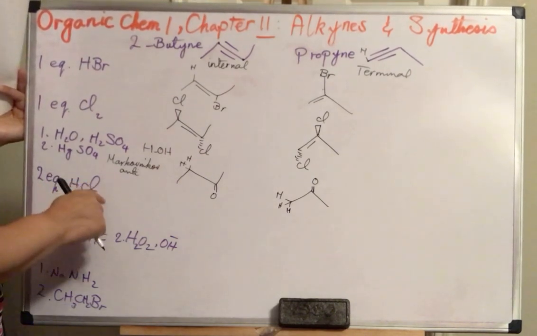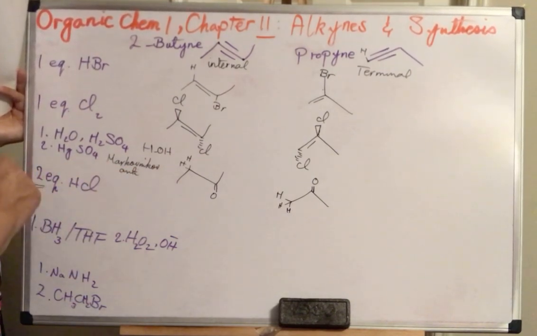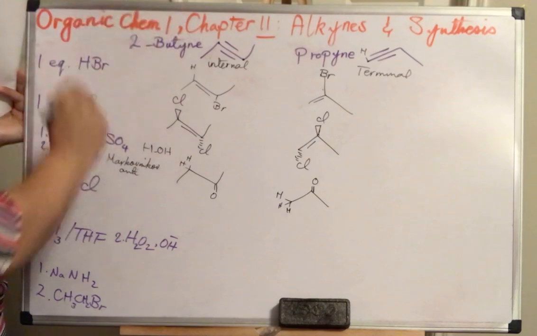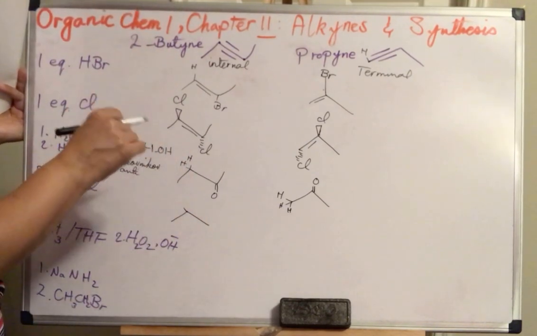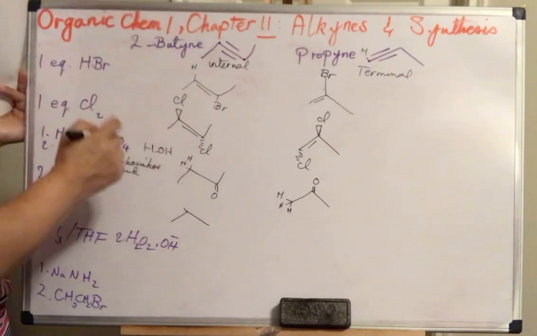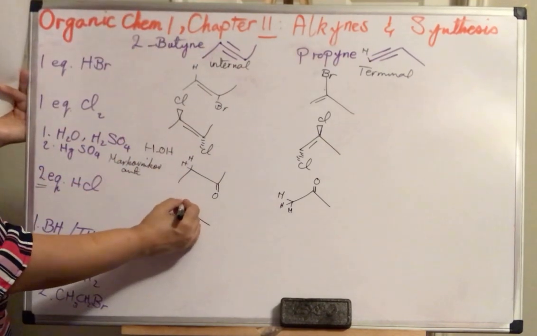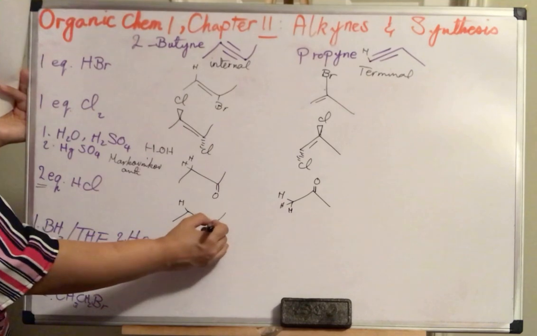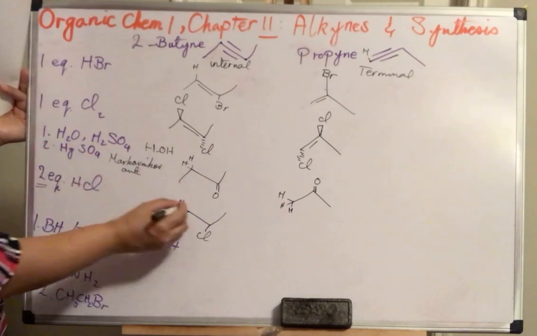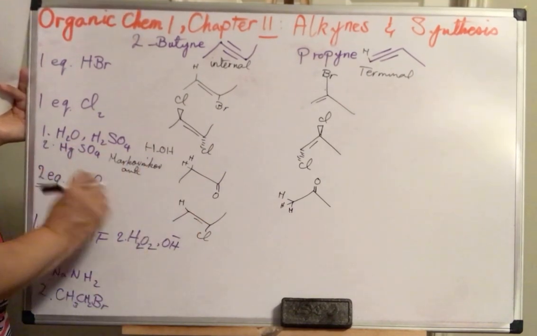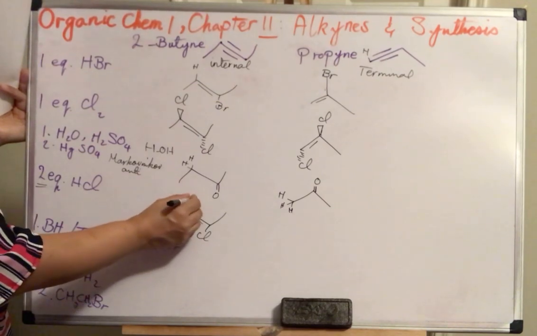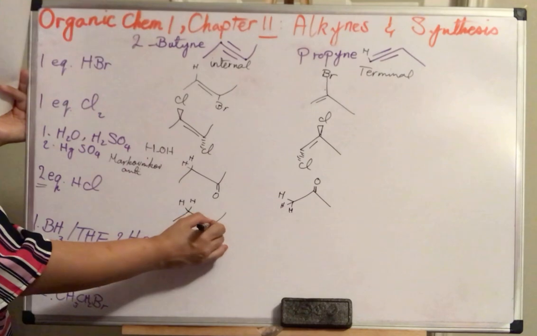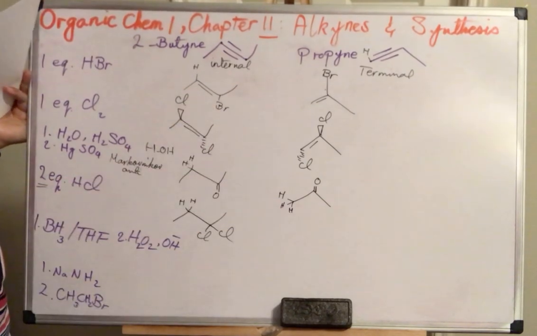Two equivalents of HCl means we have excess, we are fully saturating our bond. For the first addition, it doesn't matter which carbon the hydrogen attaches to. So hydrogen here and chlorine here, right? For the second addition, now this is the hydrogen-rich carbon. So we are fully saturating, so we have chlorine here.